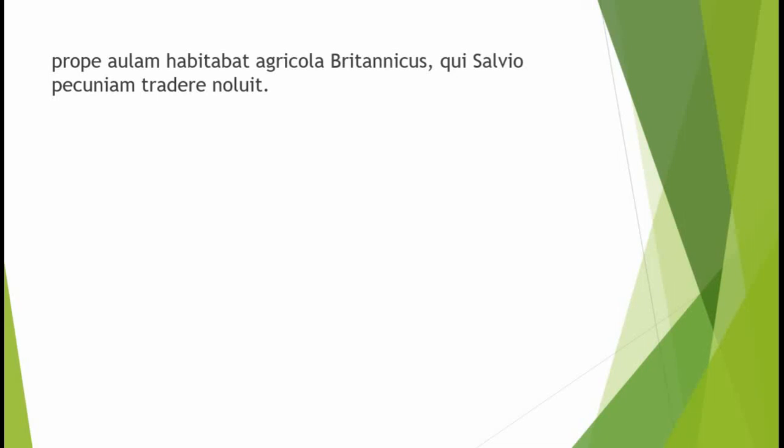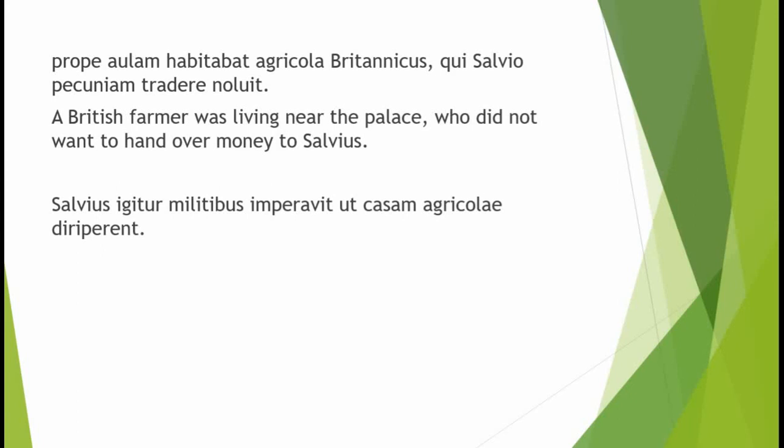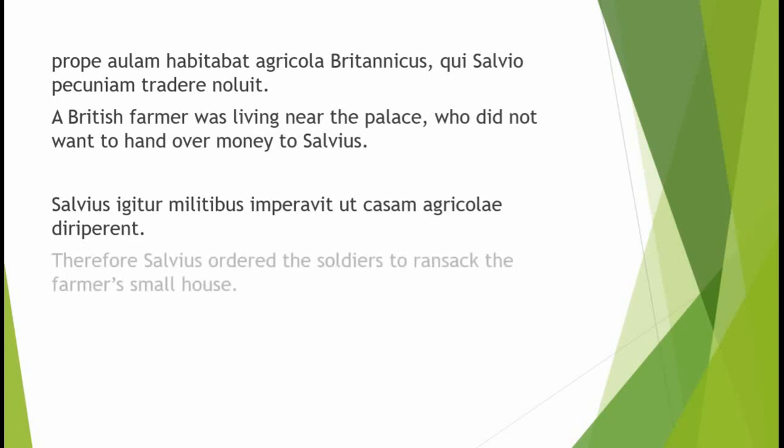Agricola Britannicus habitabat prope aulam, qui noluit tradere pecuniam Salvio. A British farmer was living near the palace who did not want to hand over money to Salvius. Igitur Salvius imperavit militibus ut deriperent casam agricolae.